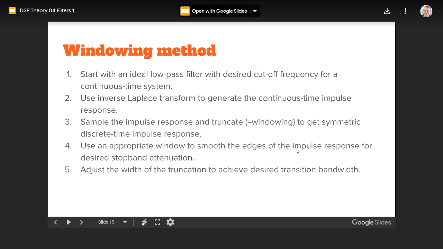In time space, the inverse Laplace transform gives you a sinc function, sine x over x. Continuous time still.